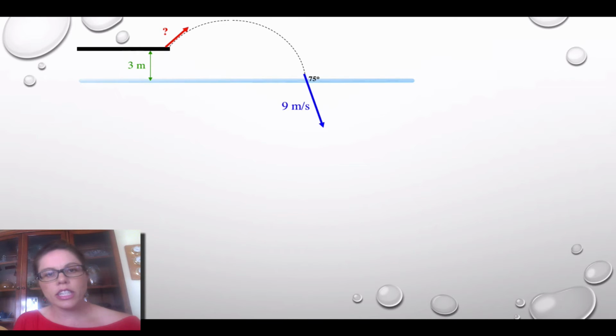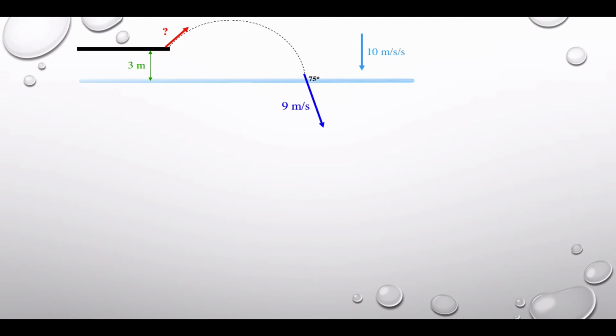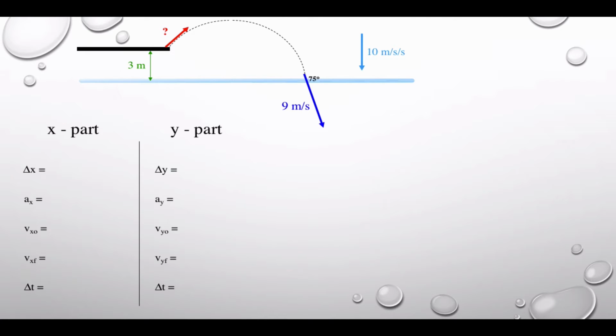And we're given that she is traveling at a velocity of 9 meters per second when she hits the water, and the angle that her velocity makes with the water is 75 degrees. Our goal over here is to solve for the initial velocity of the diver. And we know that gravity is approximately 10 meters per second squared down. You can use 9.8 or 10. In this example, I will use 10.